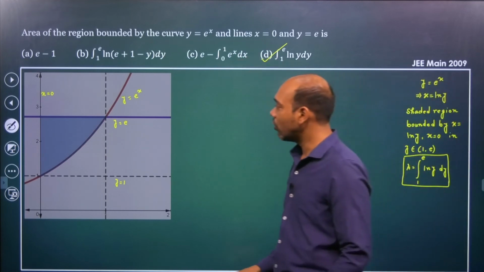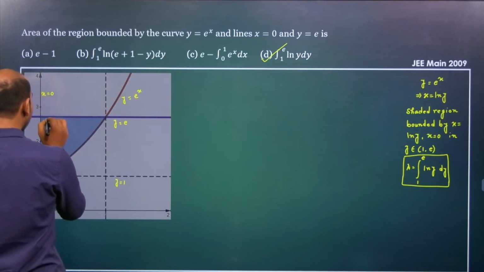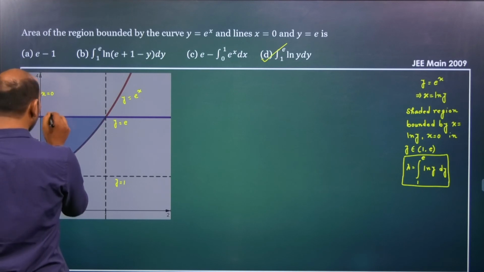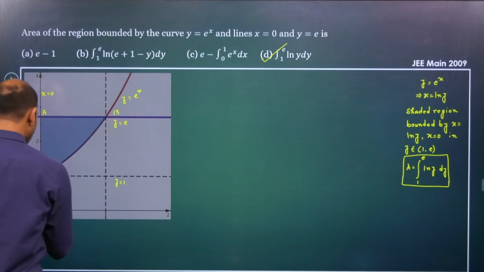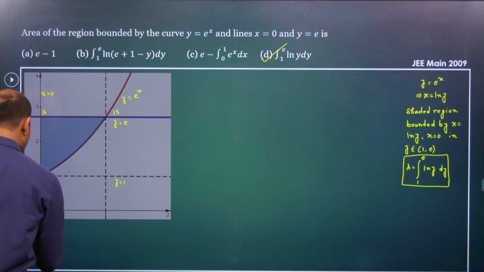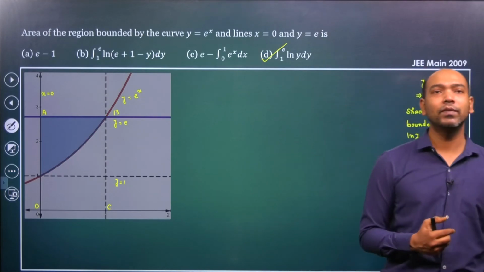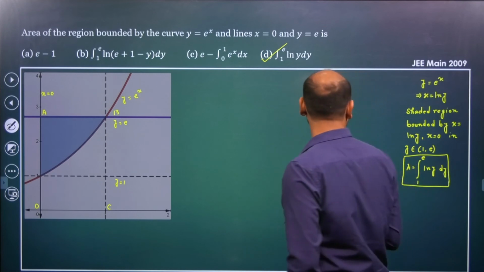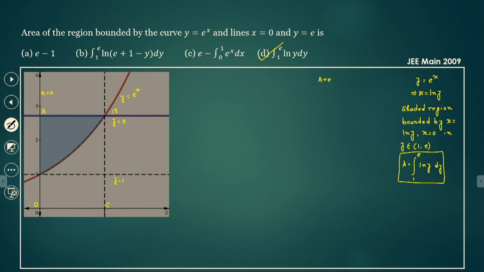Now see that if I talk about this rectangle, with vertices O, A, B, and C, I just make the rectangle OABC. What is the area of this rectangle OABC?